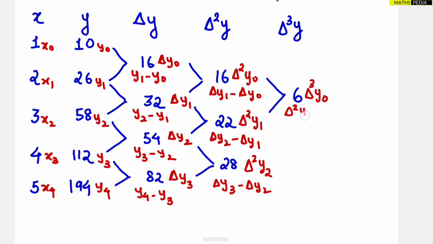Delta square y naught. Sorry, delta square y1 minus delta square y naught. Next, 22 and 28. 28 minus 22 is 6, and it is given by delta cube y1. It is basically found from delta square y2 minus delta square y1.